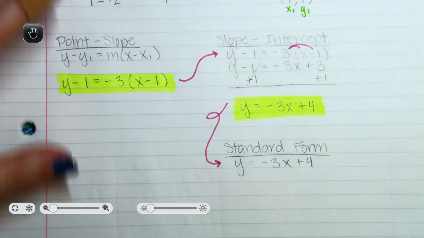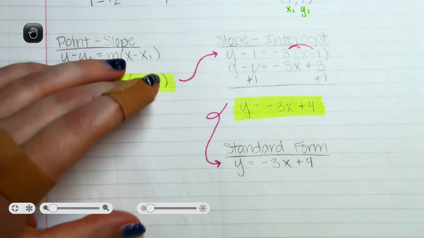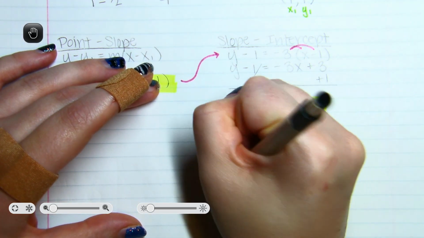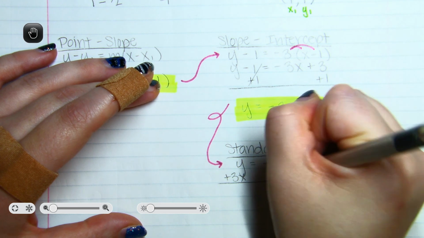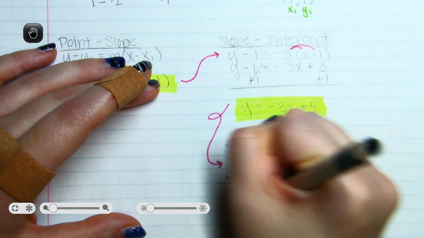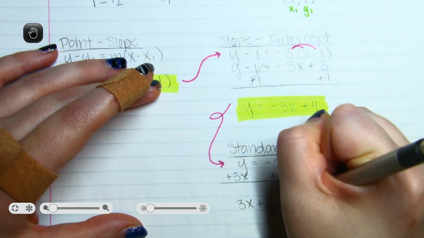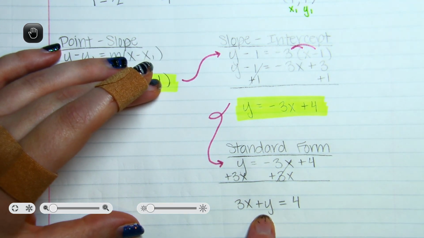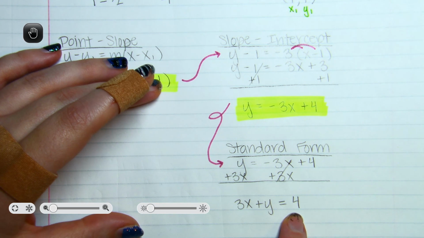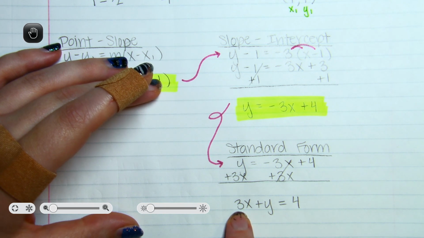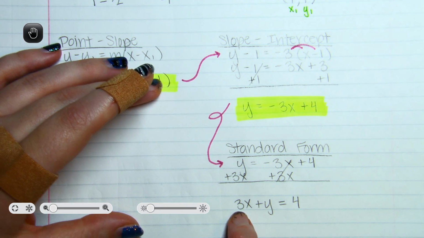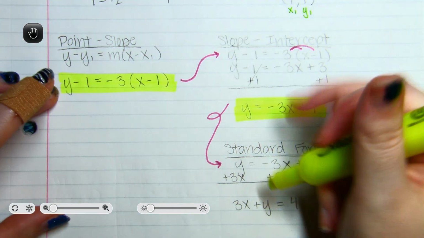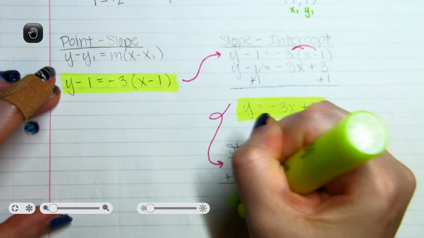And then the rules for standard form, x and y need to be on the same side. So I'm going to add the 3x to both sides. And I get 3x plus y equals 4. Now I'm going to do my checks. X and y are on the same side. We're good. No fractions or decimals. We're good. And my a value, or the x value, is positive. So we are good. Which means this is our answer.